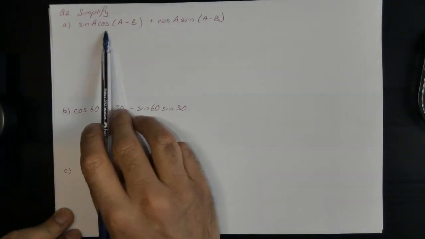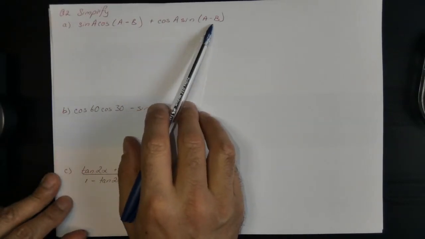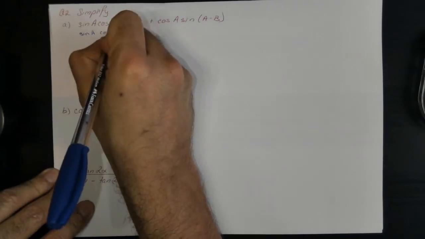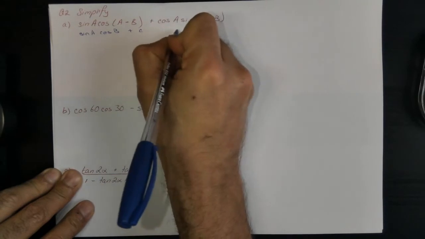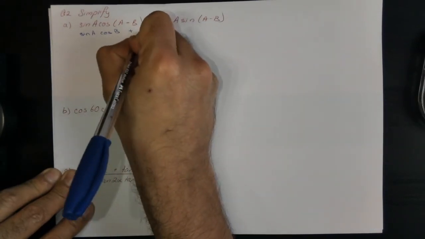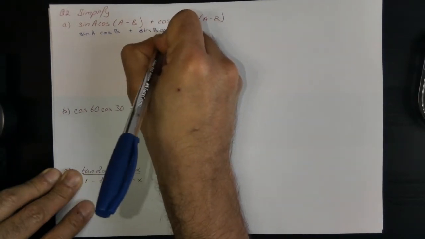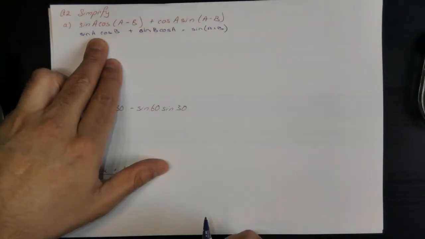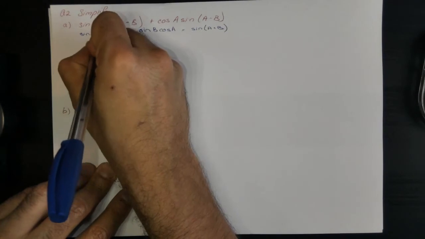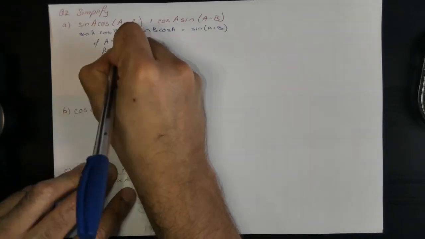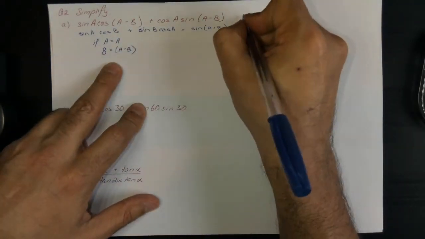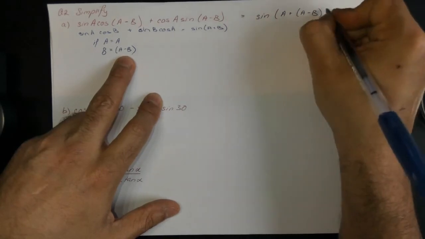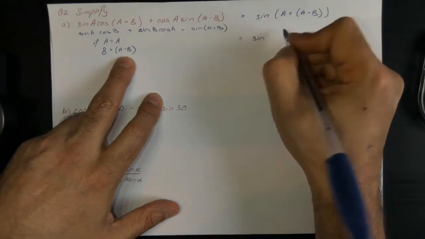We want to simplify sine A cos of A minus B plus cos A sine of A minus B. Looking at this, it's sine A cos B plus sine B cos A. Well, that is really sine of A plus B. In this case, A equals A and B equals A minus B, so the solution is sine of A plus A minus B. A plus A is 2A.